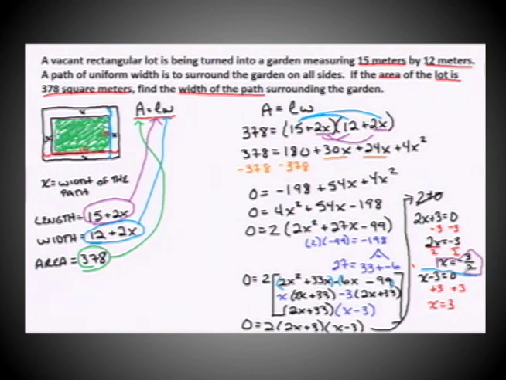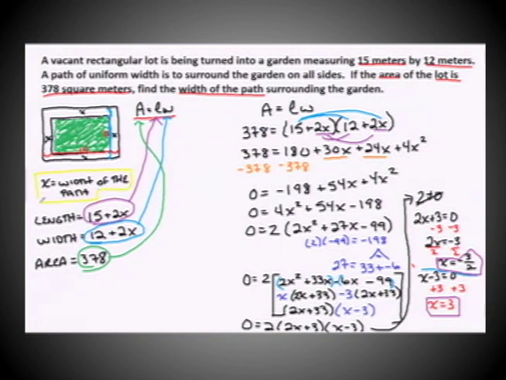I have the potential of x equaling -33 halves and x equaling +3. Well, to decide which one of these answers our question, we need to go back and remember what the x was standing for. So that's why we always identify our variables.